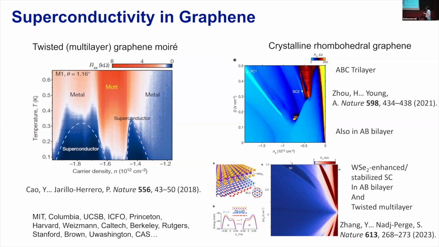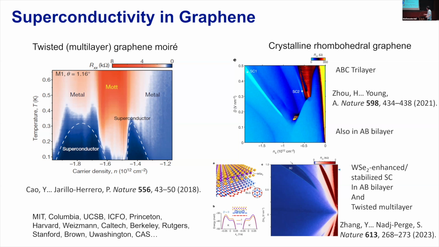They also observed superconductivity, which they name SC1 and SC2. Although these superconductivities happen at a much lower temperature, about 1 order of magnitude at least, than the superconductivity in magic angle bilayer graphene, but they are superconductors, okay? And later they found you can also get superconductivity in AB stacked bilayer graphene if you put it in an in-plane magnetic field.